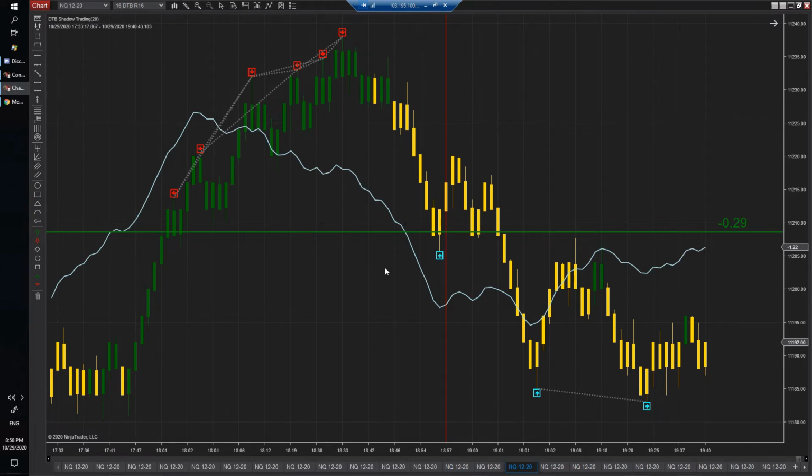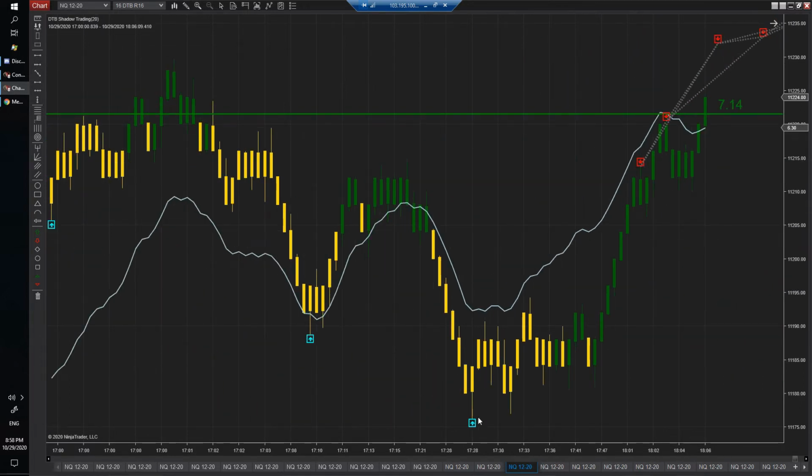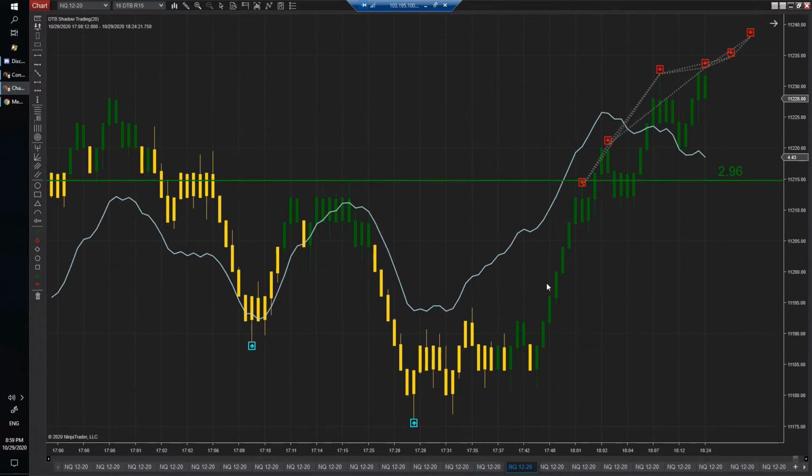So we'll go back to this signal over here. At this stage, the momentum was down, we've had our gold bars, we've had an arrow to go up, we've started having our green bars, and now we're getting our red arrows and we're getting our divergences.